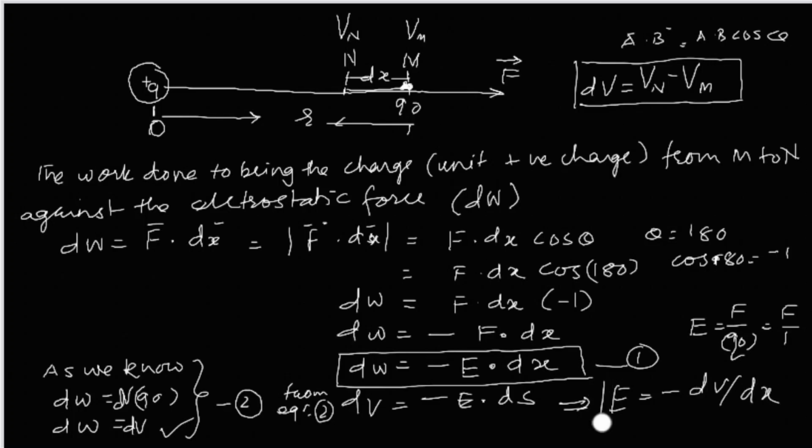So this is the relation between the electric field intensity and the change in potential between M and N, or the difference in potential. This is the basic concept and relation between E and V.